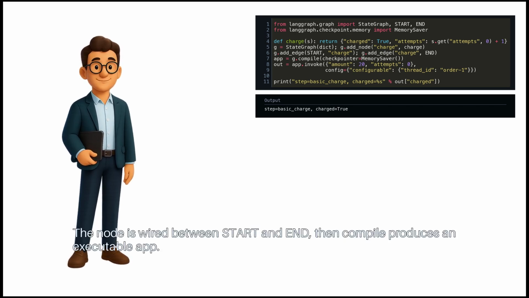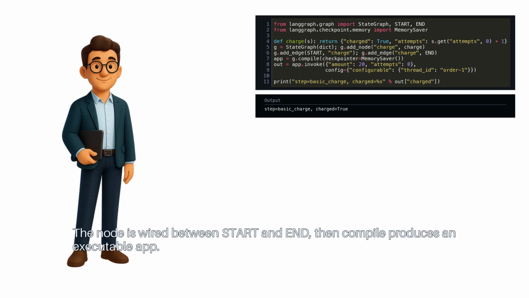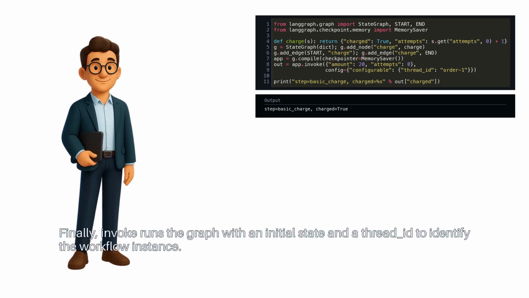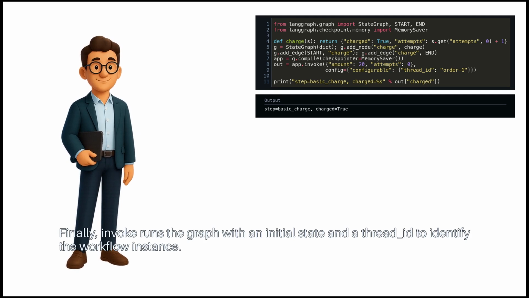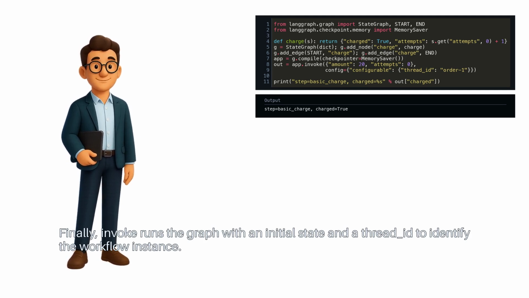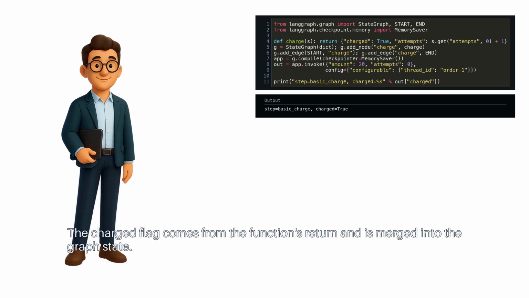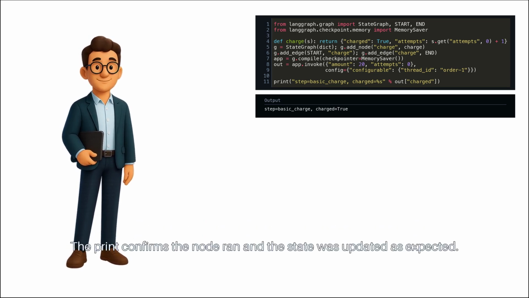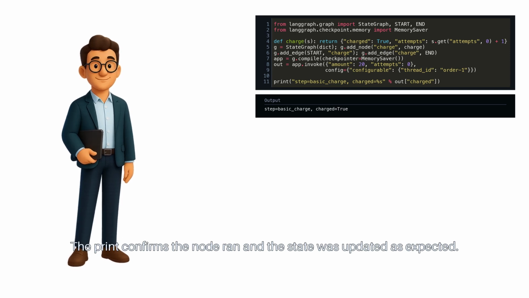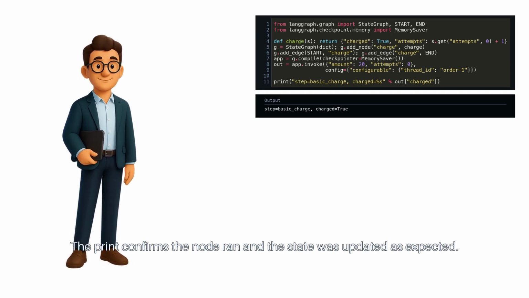The node is wired between start and end, then compile produces an executable app. Finally, invoke runs the graph with an initial state and a thread ID to identify the workflow instance. The charged flag comes from the function's return and is merged into the graph state. The print confirms the node ran, and the state was updated as expected.